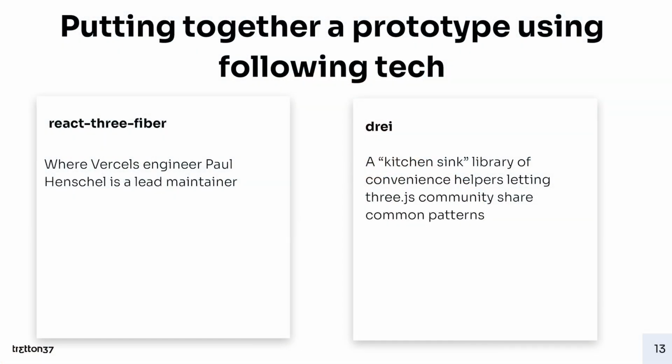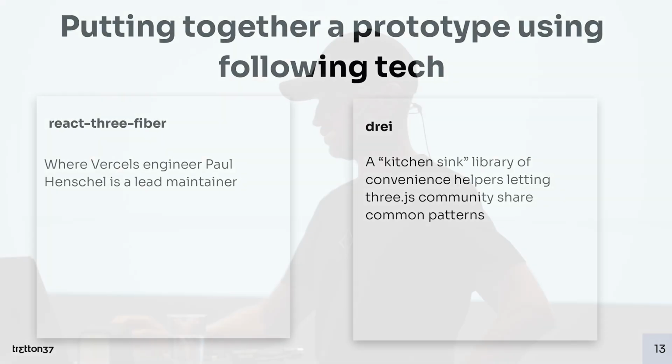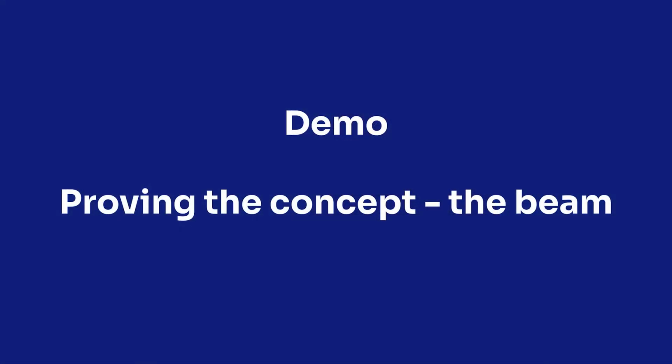It's a kitchen sink library of convenient helpers, letting the community around Three.js share common patterns and solutions for everyone to use with React. This was the main starting package they wanted to use. So they put the prototype together, and let's see what they came up with. Let's call it the beam.